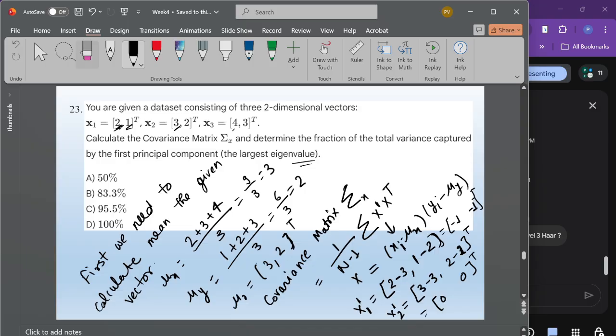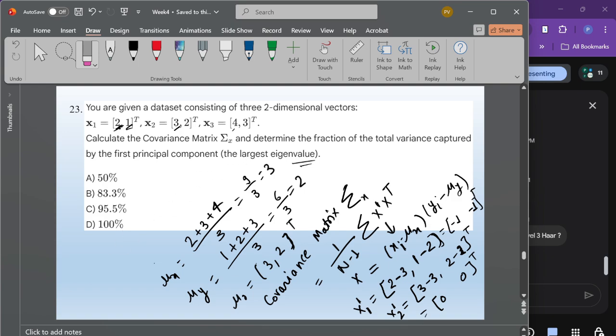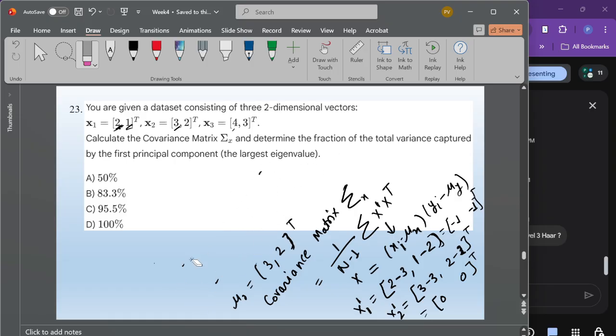Now the mean vector is 3 and 2. So x3 dash we can calculate by 4 minus 3 and 3 minus 2 transpose, right? So x3 dash will be 1 and 1 transpose.